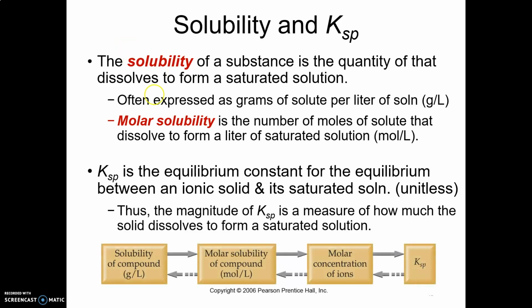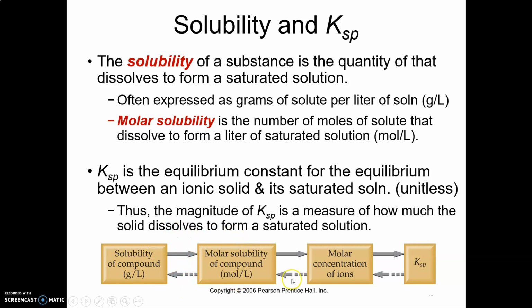This is from a previous textbook, but I really like this figure. I think it's very helpful. It shows how we can relate KSP to solubility. The solubility in grams per liter is related to molar solubility through molar mass.